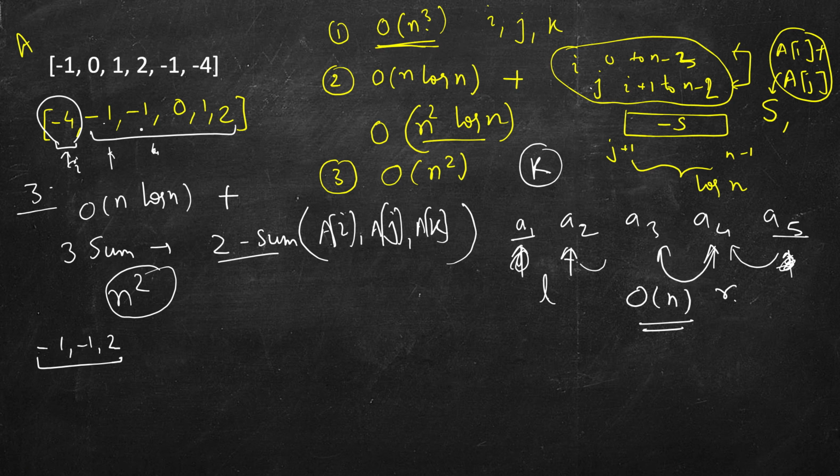Then we come here and this is -1. So when we are here, there will be another solution as well: -1, 0, 1. And then we move i to here. And again in this part also we have a triplet that sums to 0, and in this case it is the same.